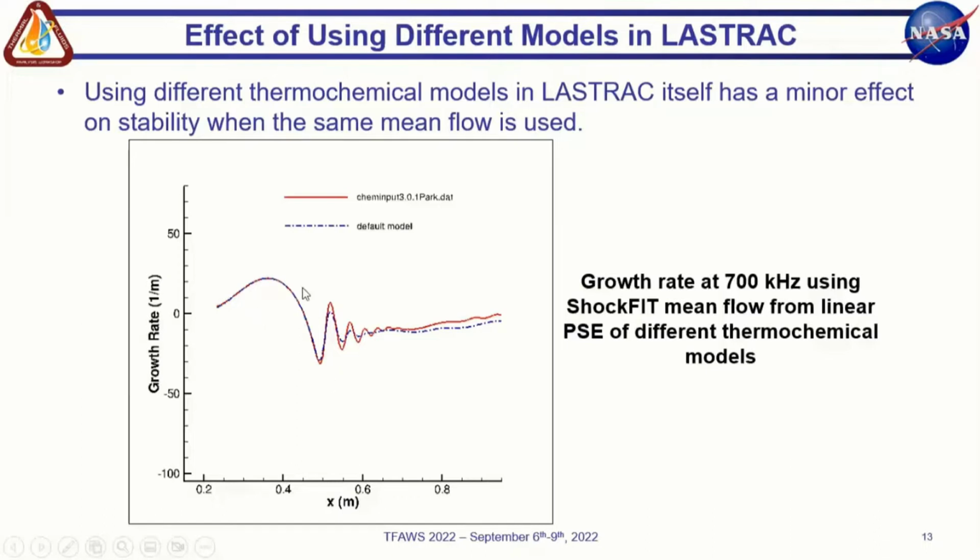As you can see here, especially for the second mode regime, these two results overlap pretty well. When you go near the leading edge of the boundary layer or outside of the boundary layer, minor differences exist from the different models. So basically that's the preliminary result I have.